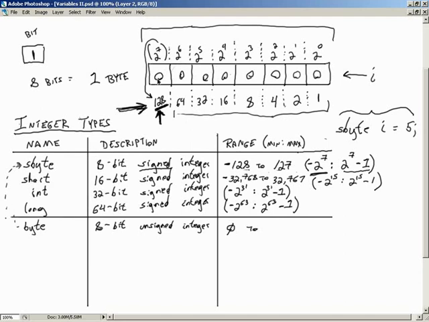Now, if I was to set every one of these to a value of 1, since this is an unsigned integer, we cannot go negative. This 1 right here would count as a value of 128, plus 64, plus 32, plus 16, plus 8, plus 4, plus 2, plus 1, gives us the amazing total of 255. Okay, so that is our range there.